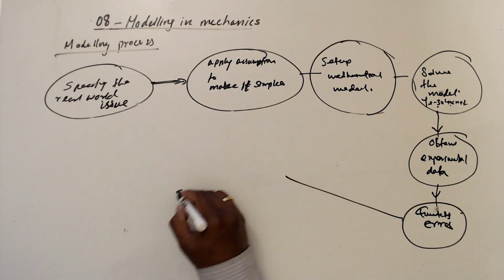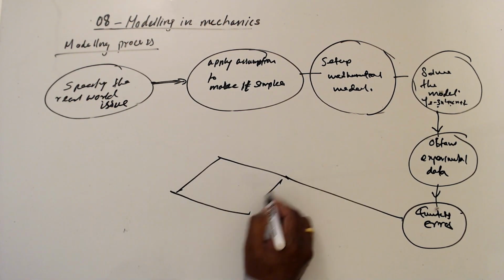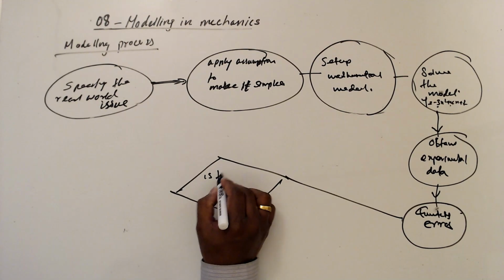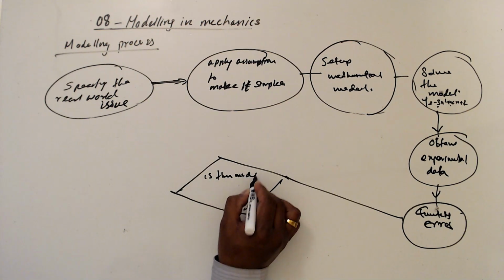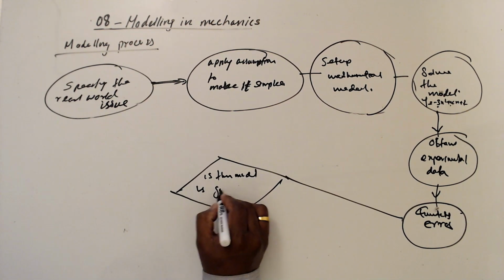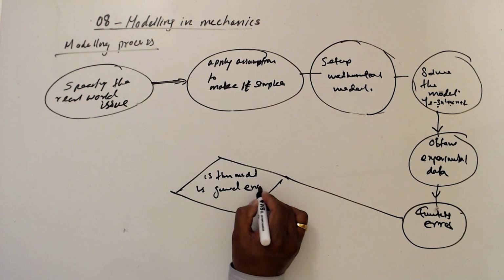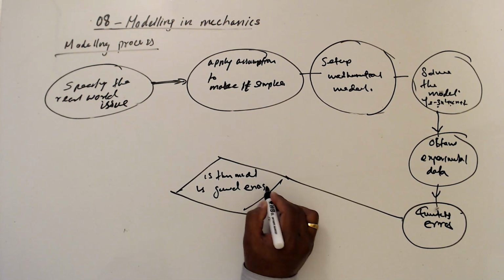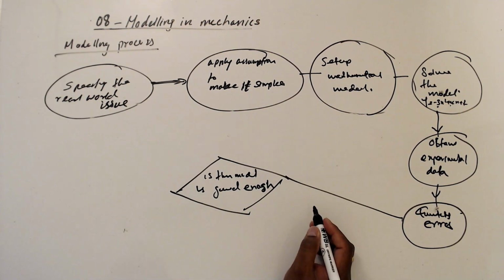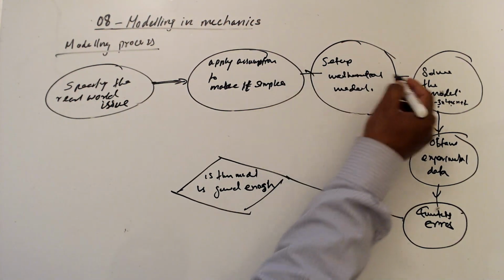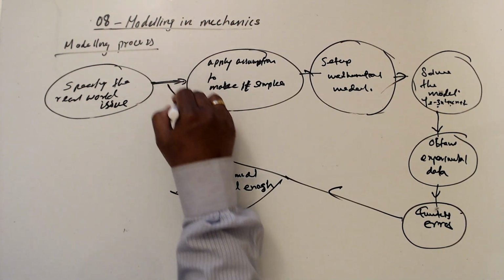Then we will come to a conclusion that this model is good enough. If not, we have to go through the same process again.